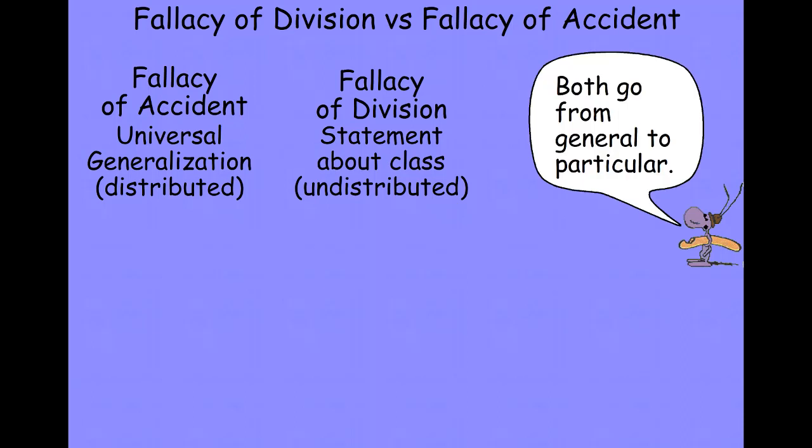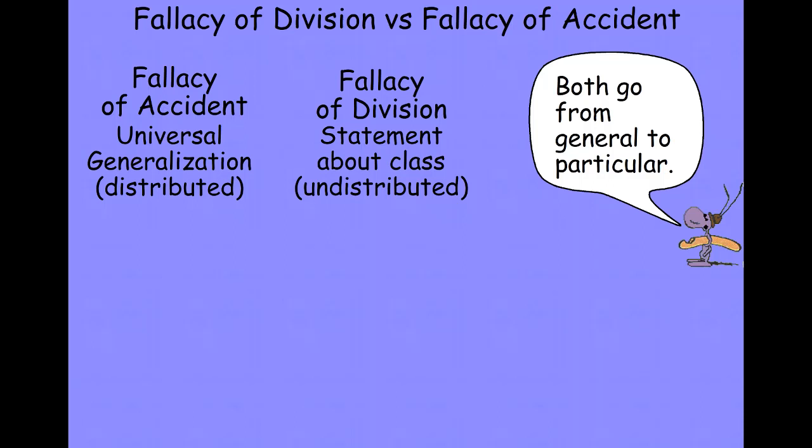So each of them go from a general statement to a particular statement, but the character of the general statement is different from the fallacy of accident to the fallacy of division. So when we think about a general statement in the fallacy of accident, it's a universal generalization. It says something that is distributed. It says something about each and every member of that class. In the case of fallacy of division, we're starting off with a statement about the class. We're making a collective predication.